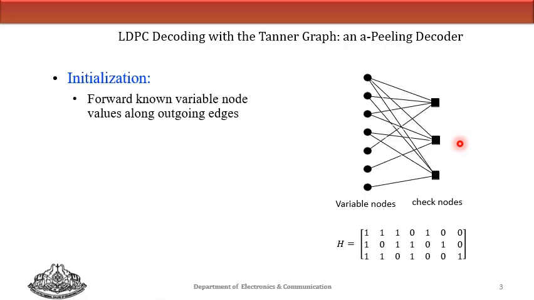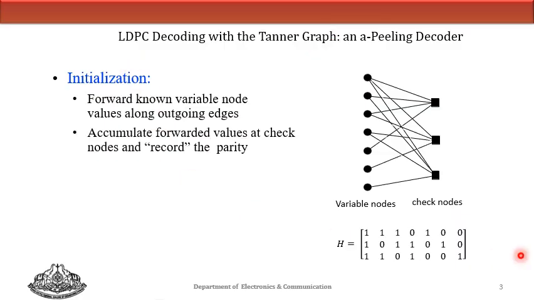The initialization step starts from the variable nodes. Of course, obviously it should start from the variable nodes, because variable nodes are nothing but the code word bits being received from a particular channel. When the variable nodes receive the code word bits from the channel, these variable nodes will be forwarding the received values along the outgoing edges.